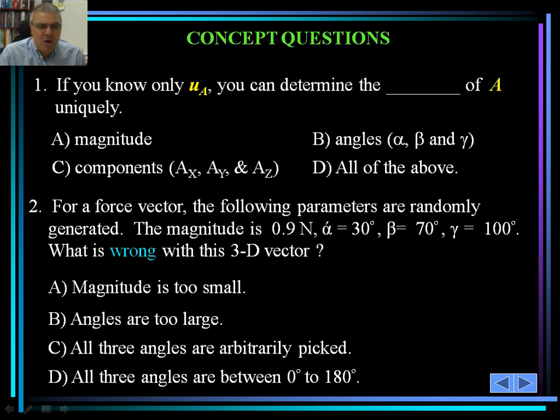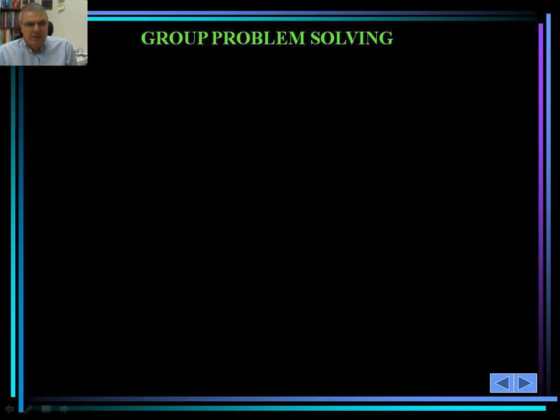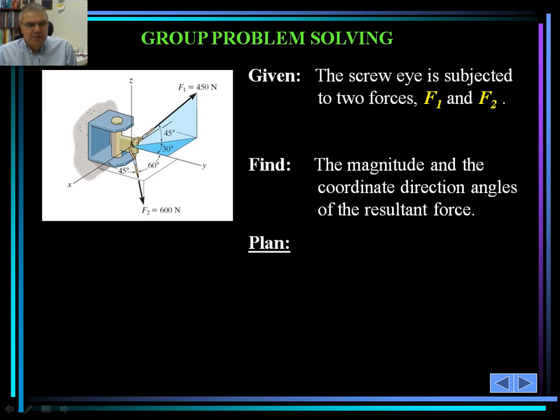All three angles are arbitrarily picked. And you can test that by using the cosine formula: square the cosine of each angle and add them up, and see if it gives you the result.